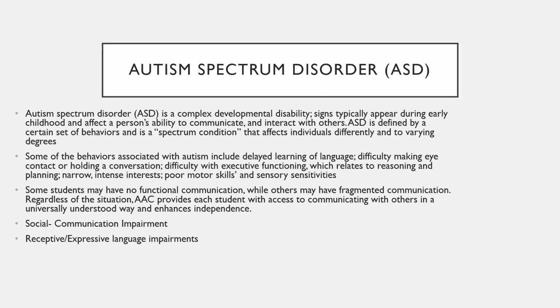So that's why I say there is this set of behaviors that I certainly encourage you to read up on if you don't already know. Okay, so some of the behaviors associated with autism include delayed learning of language, difficulty making eye contact or holding conversation, difficulty with executive functioning, which relates to reasoning and planning, intense or narrow interests.